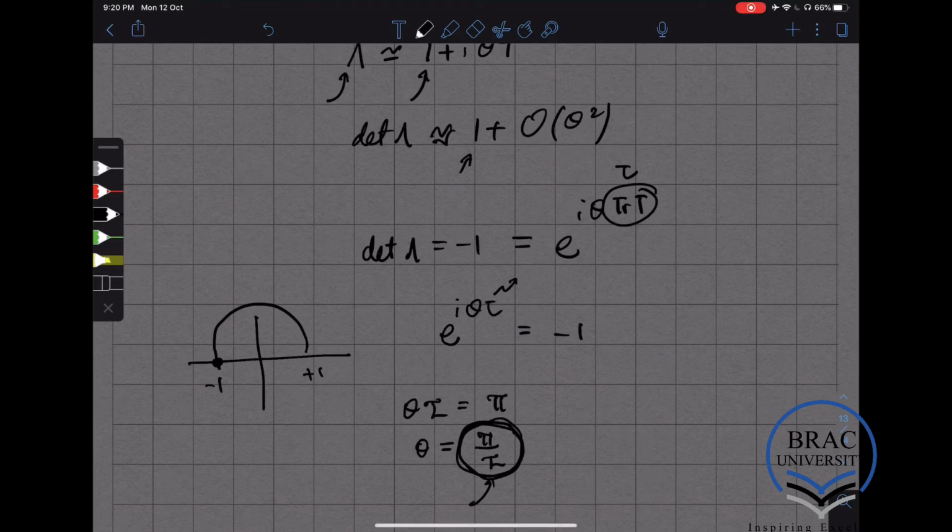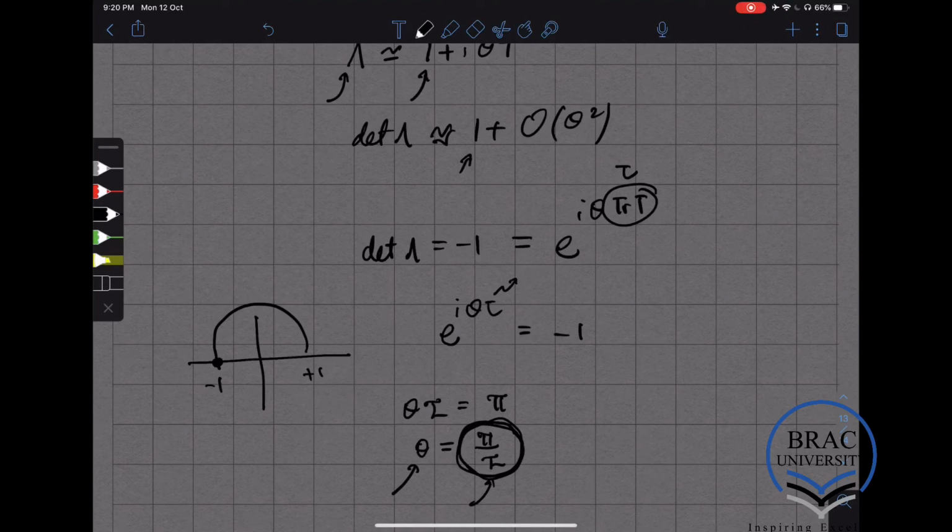This is some finite number, because if it is going to be something infinitesimally small, then tau has to be infinitely large. So we are assuming that is not the case. So in other words, we see that this theta cannot be arbitrarily small.